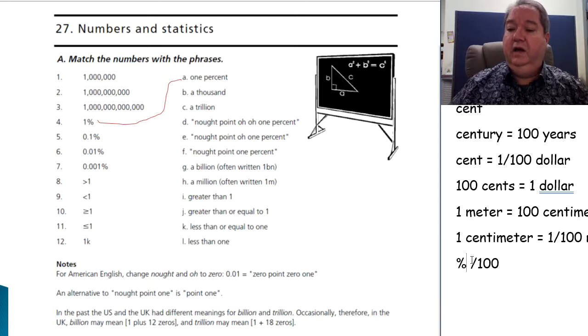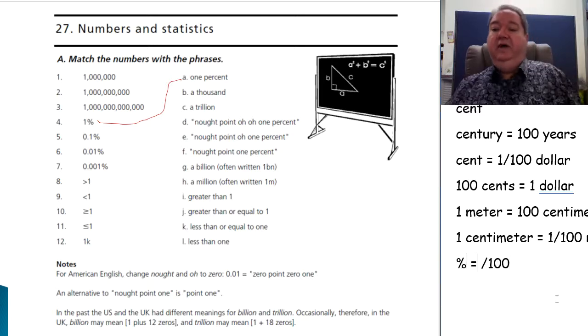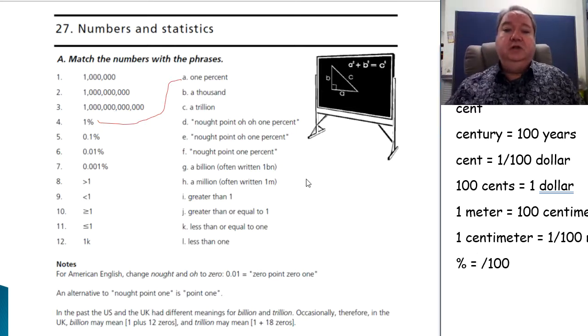Okay? That's basically what it means, except they've rewritten it as a symbol here, where the slash divides the 2 zeros, which are written very small in this case. Okay? So 1% is like that.